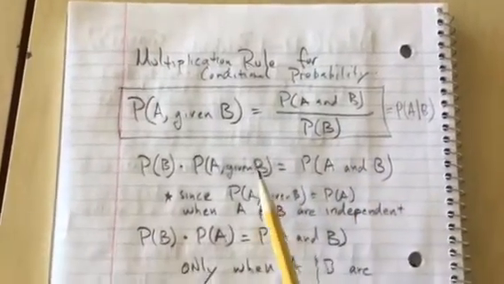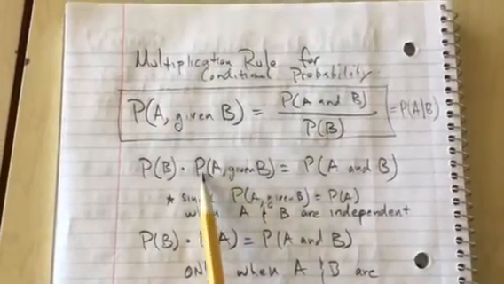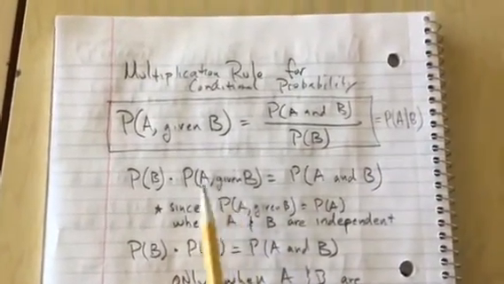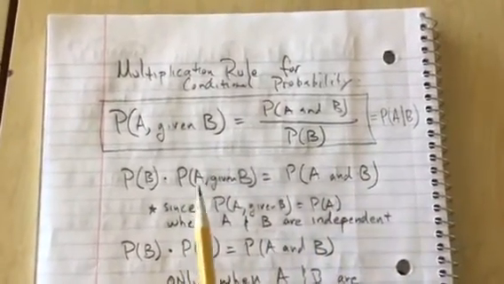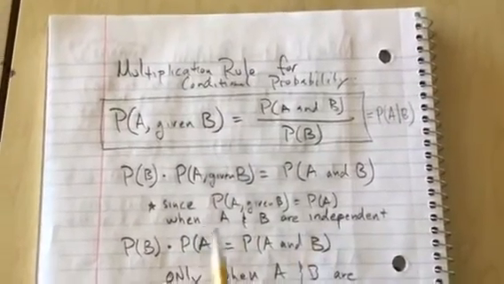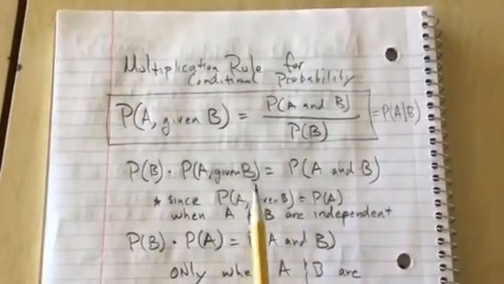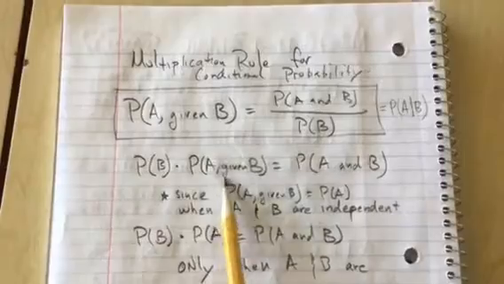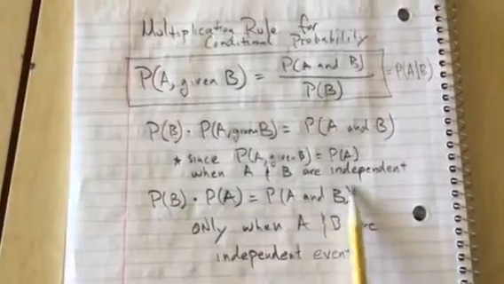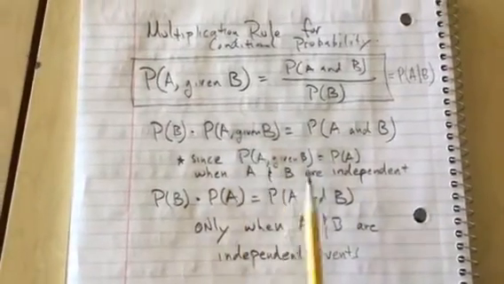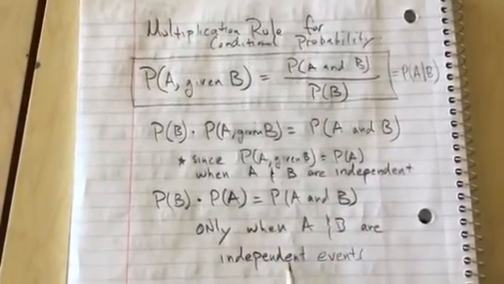Now, that may not be very helpful the way it is. However, this is what's cool about this. We earlier defined independent events in terms of the conditional probability, this A given B, equaling the probability of A. So since P of A given B equals P of A when A and B are independent, if we substitute P of A for P of A given B, this is what we end up with: P of B times P of A equals P of A and B. Just substituting this part right here with P of A. Well, this is only going to be true when A and B are independent events.